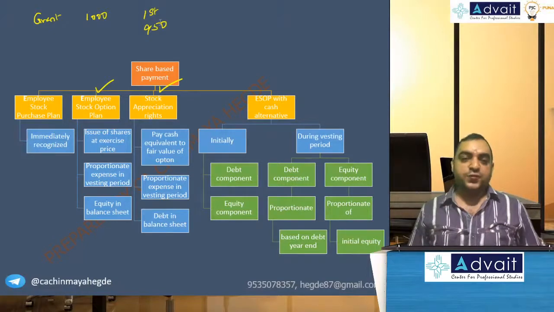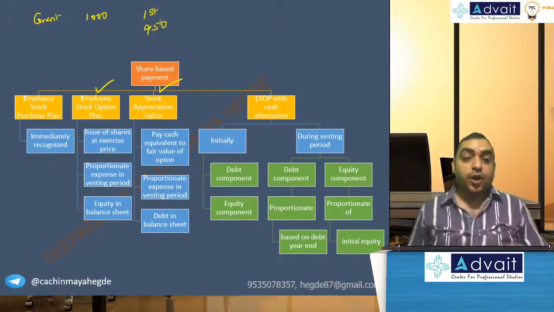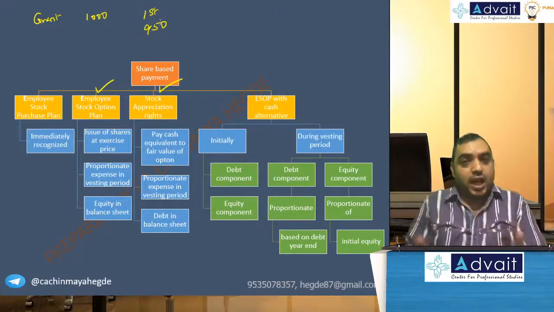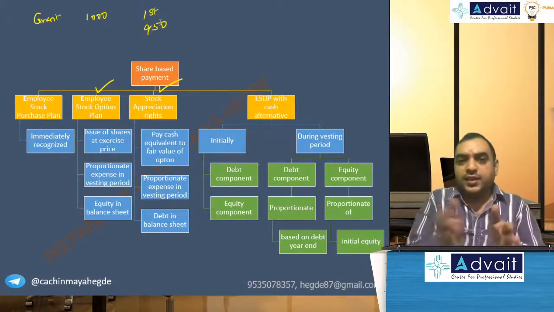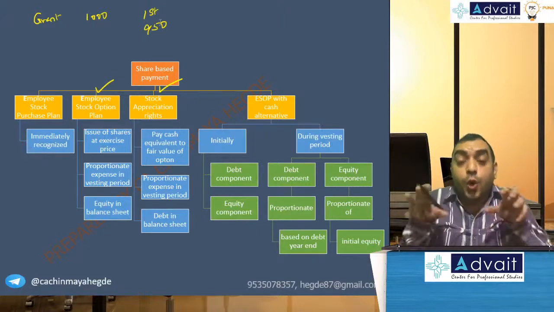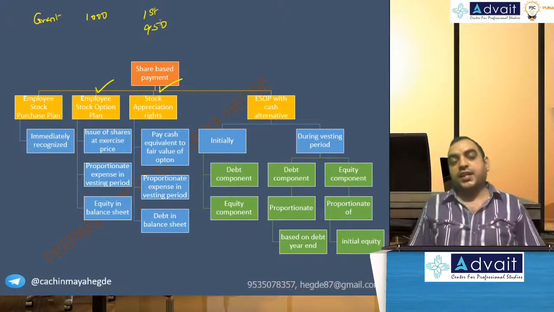The answer is neither of these two. Grant date employees, 1,000, is the starting point. Year end 950 is a middle point, during the vesting period. But what do we want? How many employees are expected to satisfy the condition?